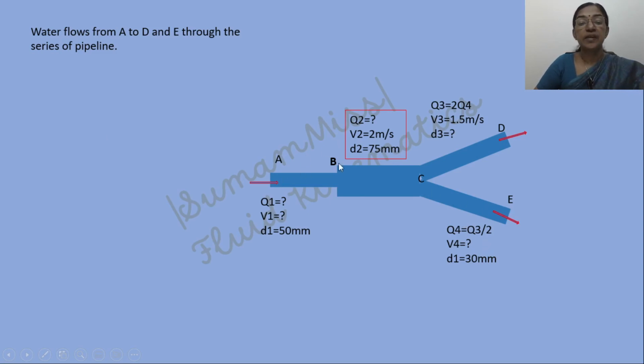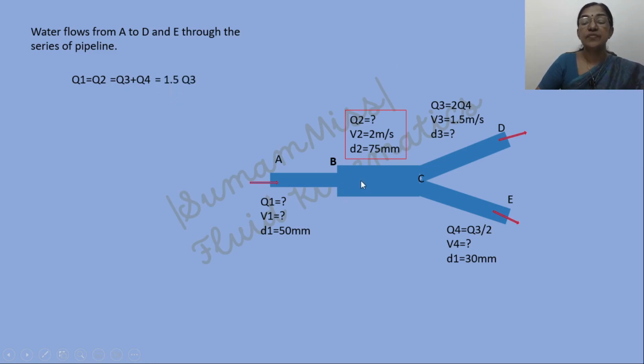Now, based on this figure, we can write Q1 equal to Q2, and Q2 equal to Q3 plus Q4. But it is given that Q3 equal to 2Q4, or Q4 equal to Q3 by 2. So if we take Q4 equal to Q3 by 2, then we can write Q2 as 1.5 Q3.